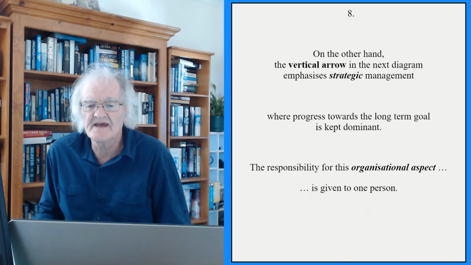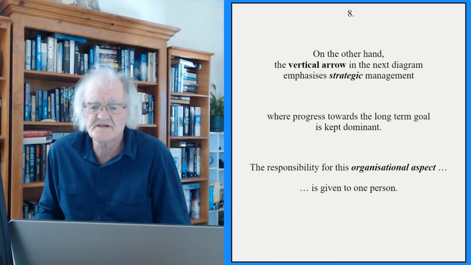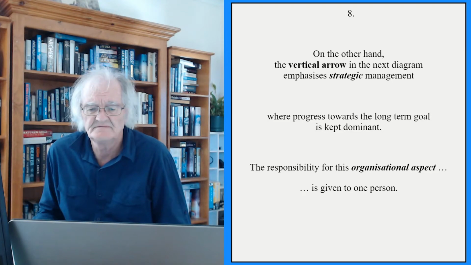On the other hand, the vertical arrow in the next diagram emphasizes strategic management, where the process towards the long-term goal is kept dominant. The responsibility for this organisational aspect is given to one person who oversees all processes.